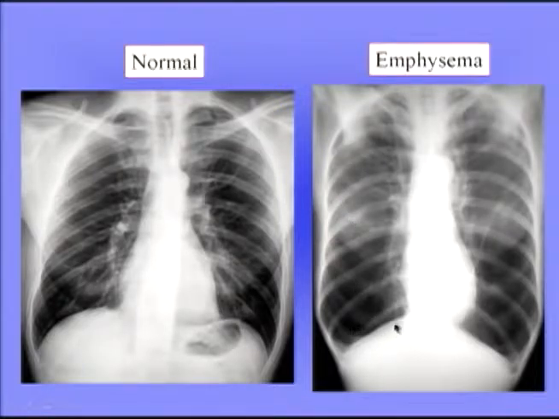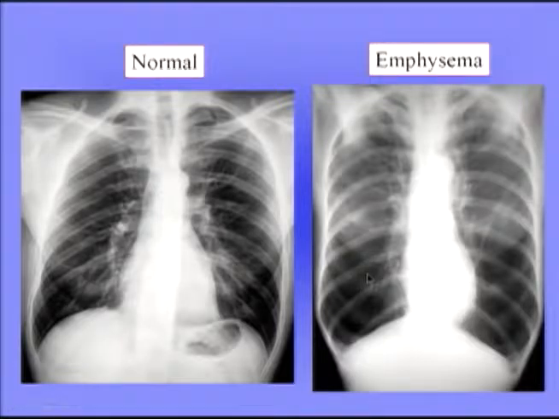You can see that the diaphragms are low, the mediastinum is narrow, and the lung fields are over-penetrated. Now, you need to see good films and they don't reproduce very well, but the lung fields are over-penetrated here.